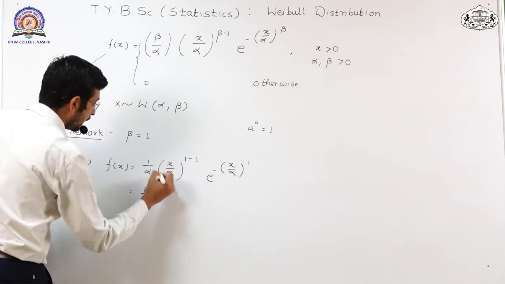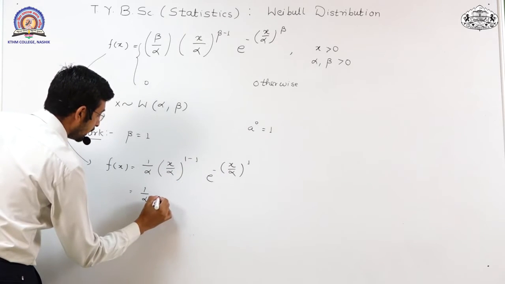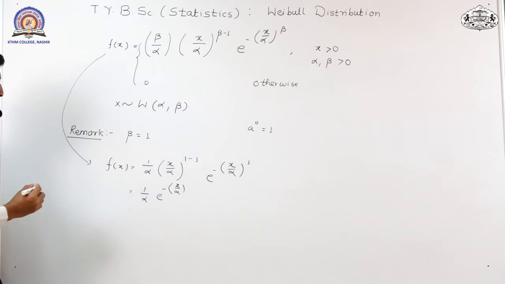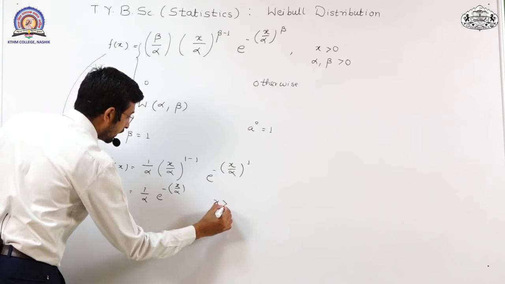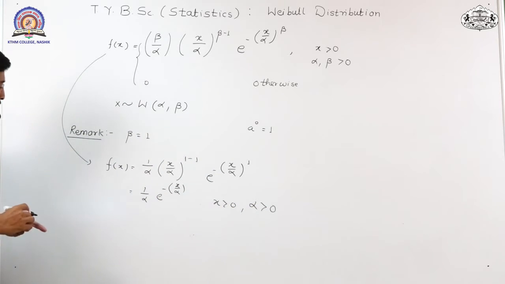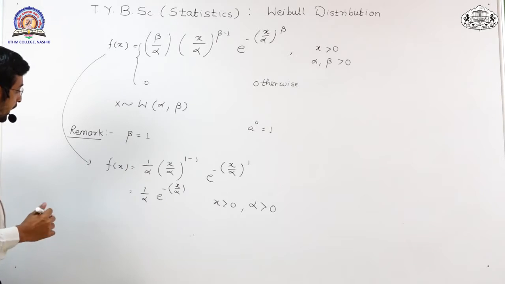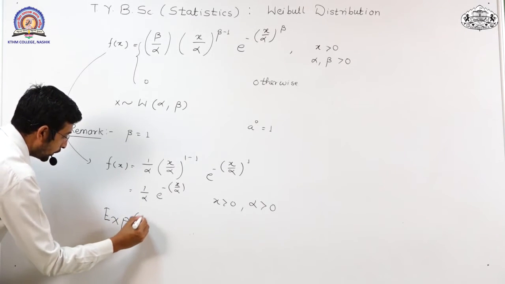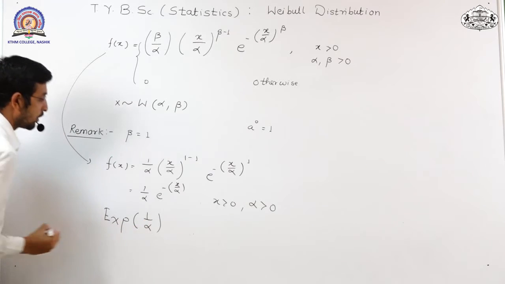So this quantity is 1 and the remaining quantity is e raised to minus x upon alpha, where x is greater than 0 and alpha greater than 0. So this is the PDF of the exponential distribution with parameter 1 upon alpha.